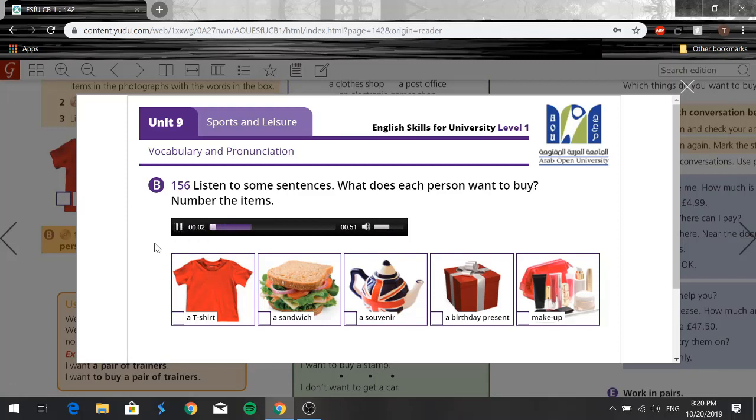156. Exercise B. Listen to some sentences. What does each person want to buy? I want to buy a new t-shirt. I want a white one for tennis. And I want a pair of new trainers too. It's my mother's birthday on Saturday. I want to buy her a present.